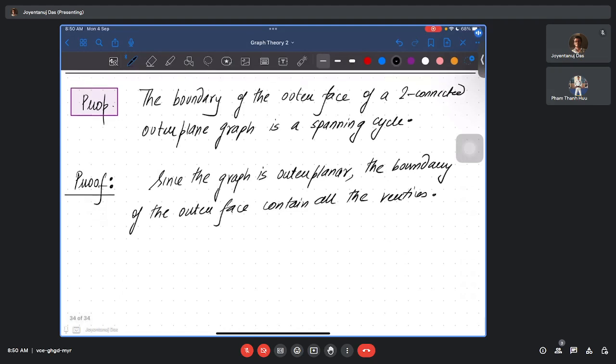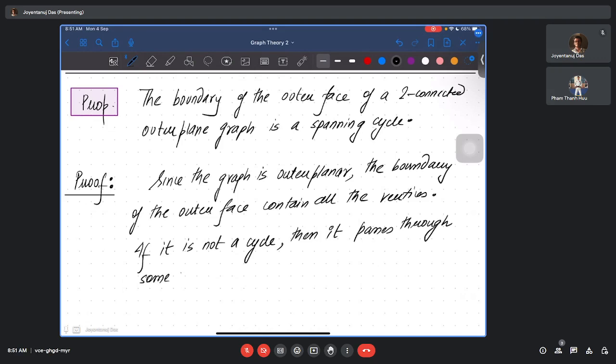So suppose it is not a cycle. Then it passes through some vertex more than once, right?